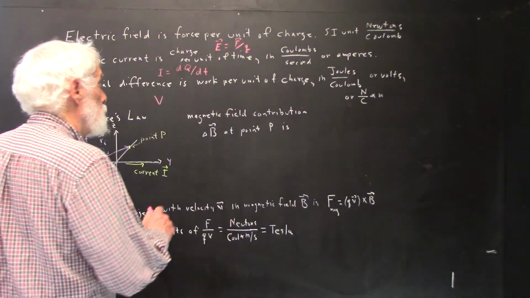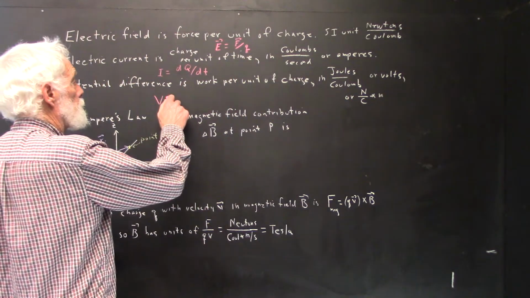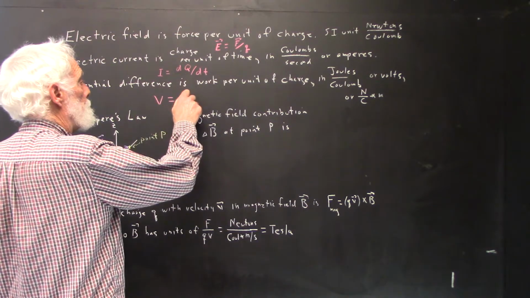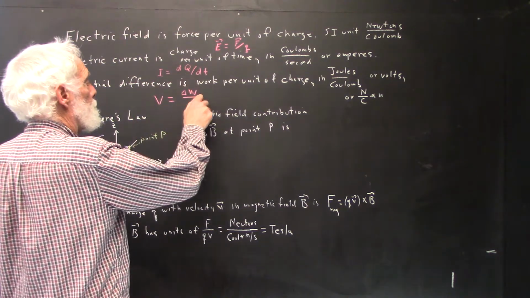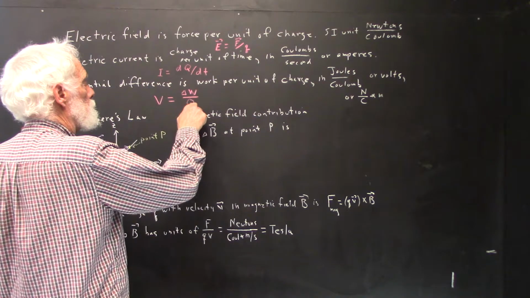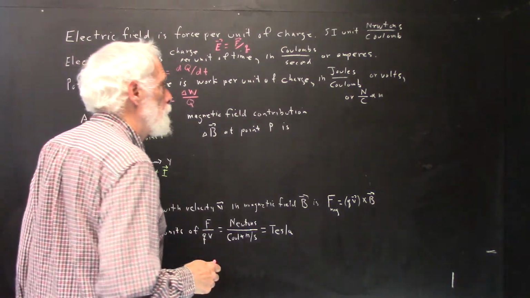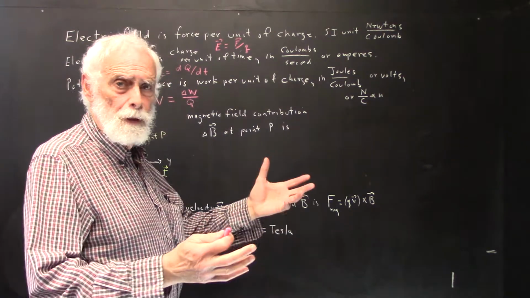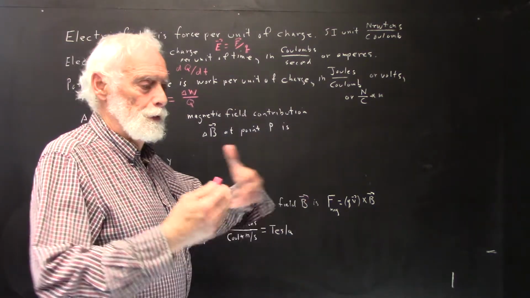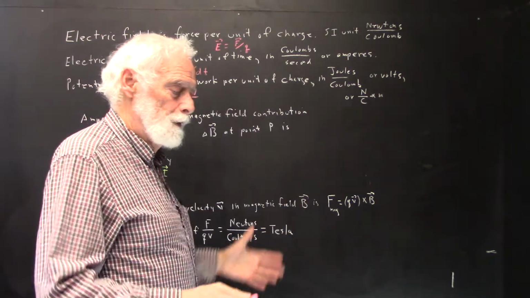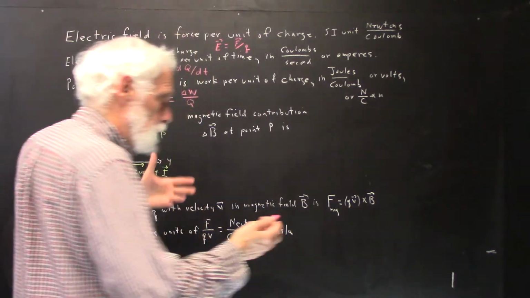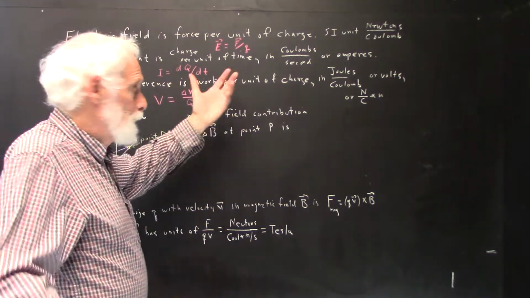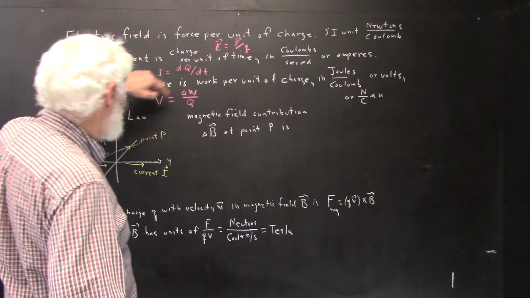So we can say that voltage is amount of work per unit of charge, and it's measured between 2 points in space. That might be 2 points in a wire, 2 points in a block of conducting metal, 2 points in an ionized field or whatever, but there it is.